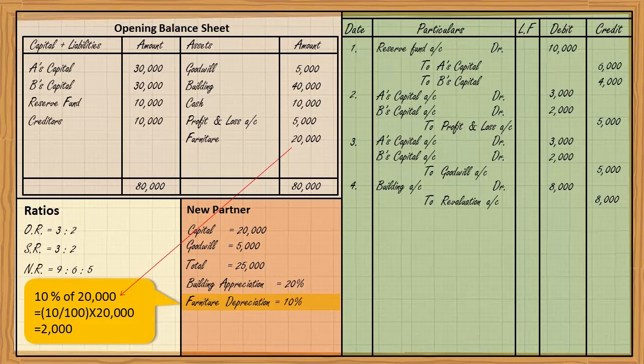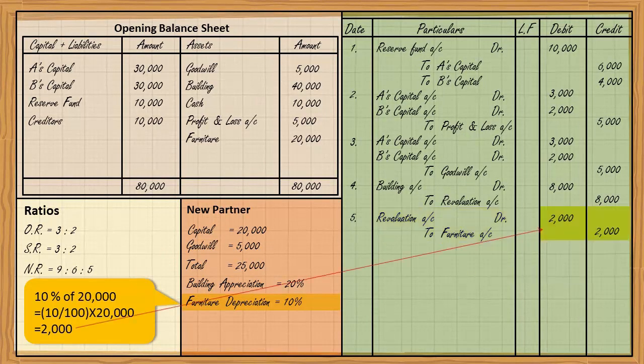So journal entry: revaluation account debit to furniture rupees 2,000. So we have debited revaluation account. It means we have created loss. Number 2, we have credited furniture. Furniture is an asset. It carries debit balance. If we credit any asset in our books, it means we are decreasing the value of that asset in our books.